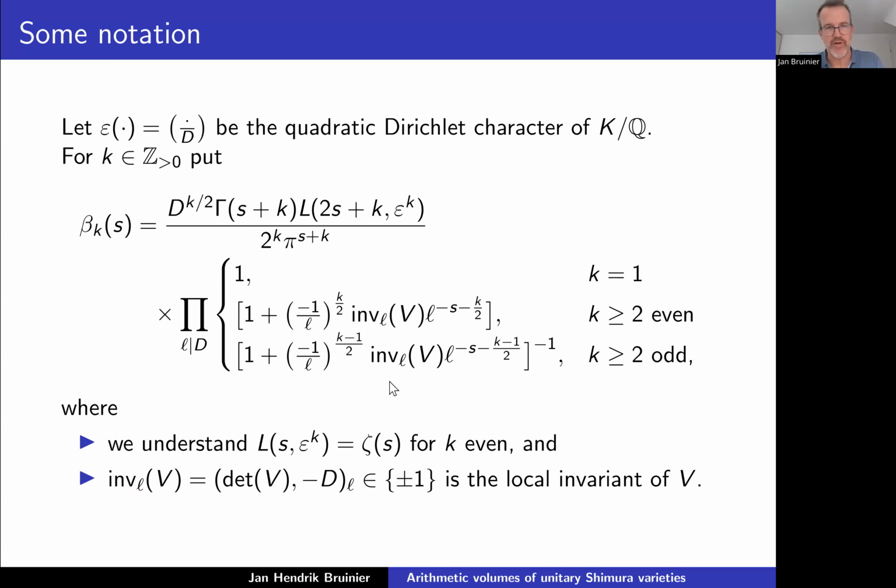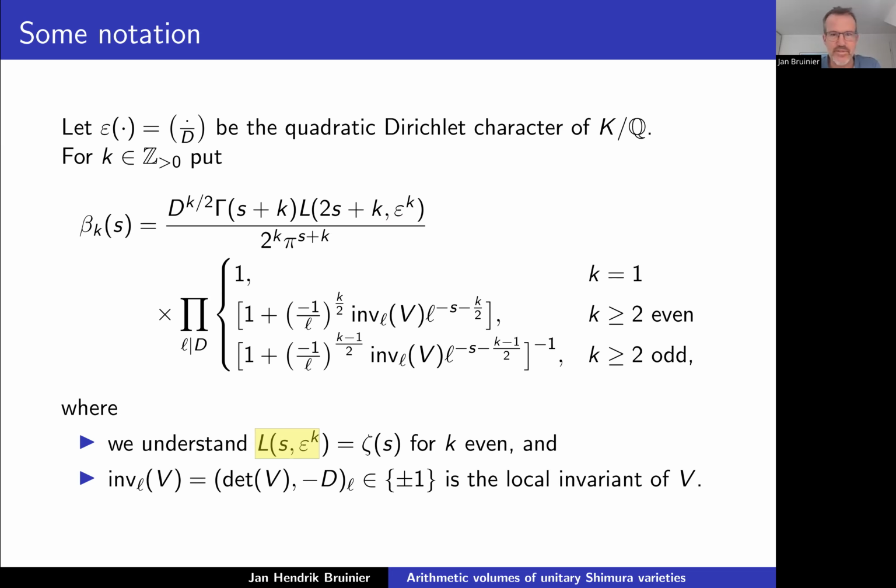And also I should say that here we have the Dirichlet L function, and I wrote epsilon to the k. Epsilon is a quadratic Dirichlet character, so if k is even, then this will be trivial. And I should say that in this case, when k is even, I understand by this L(s, epsilon^k) just a Riemann zeta function.